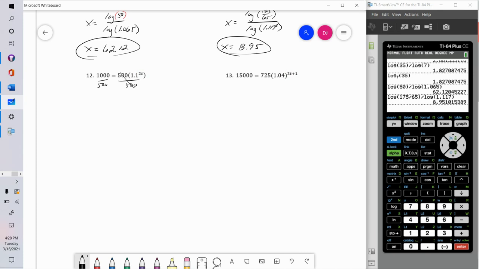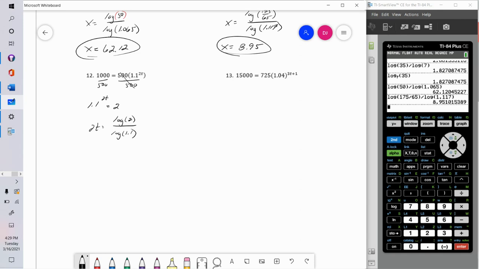So 500 divided by 500 is 1, so I've got 1.1 to the 2t, and 1,000 divided by 500 is 2. I'm only doing that division not because it's necessary, but because it's easy. So now 2t will equal the log of 2 divided by the log of 1.1.